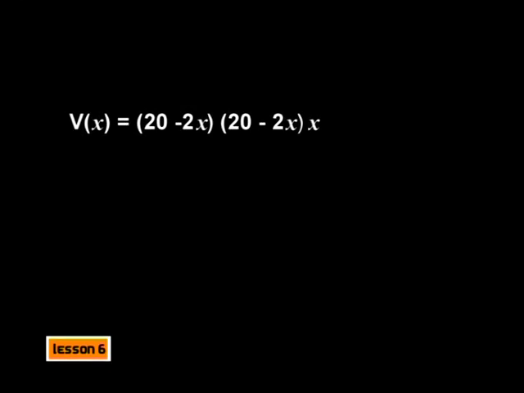Since the volume is a function of x, the amount that we cut out, and we know that to be equal to... Now we will have to multiply out the brackets if we want to use the methods we wrote down earlier. So that gives 400 minus 80x plus 4x squared, all multiplied by x. Then we multiply the brackets by the x.